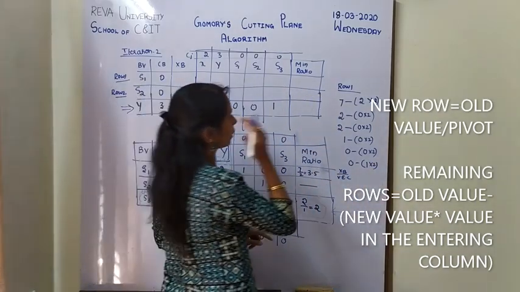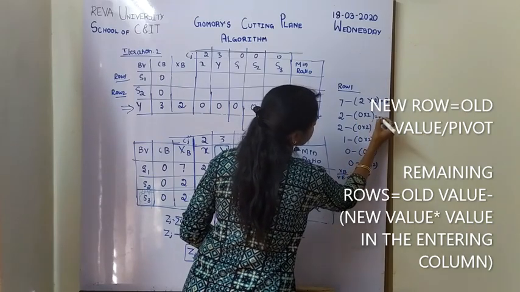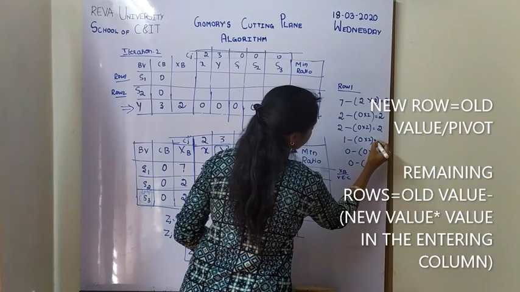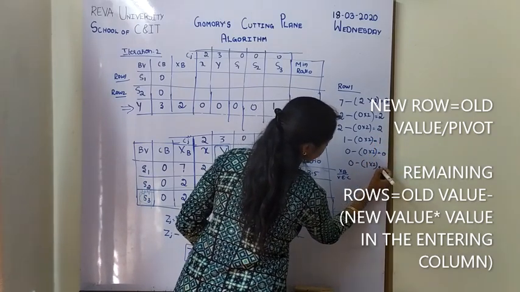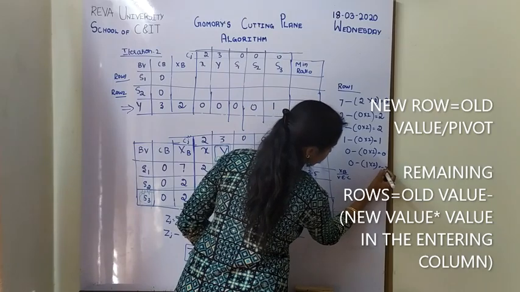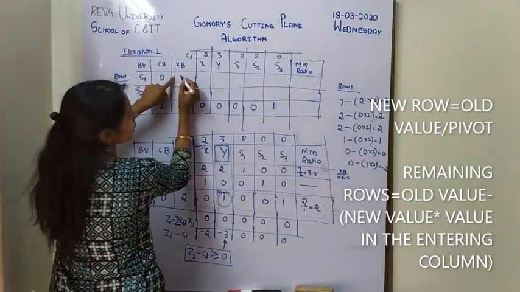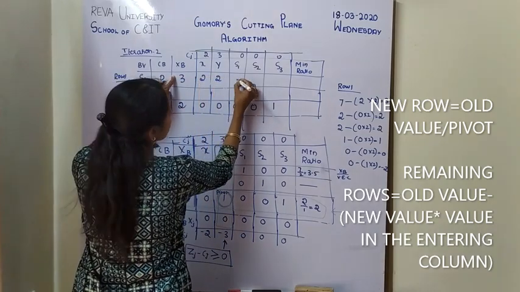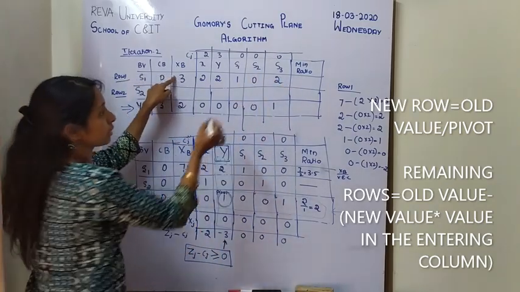So, write this value. 7 minus 4 gives you 3. 2 minus 0, 1, 0, 0 minus 2, so minus 2. This you have to write here now. So, 3, 2, 2, 1, 0, minus 2.